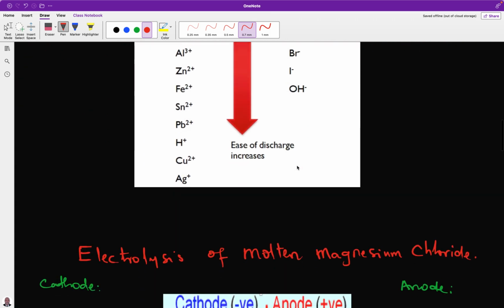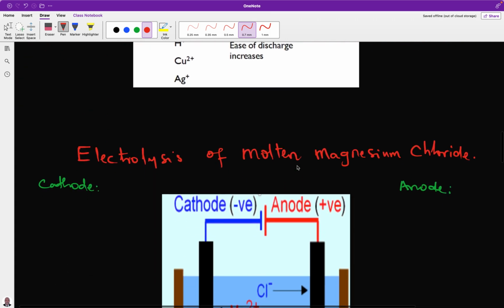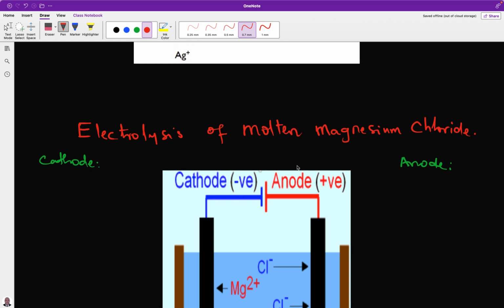So now it drives us to our first example, which will be electrolysis of molten magnesium chloride. Remember, in a situation like this one, molten magnesium chloride, what happens?